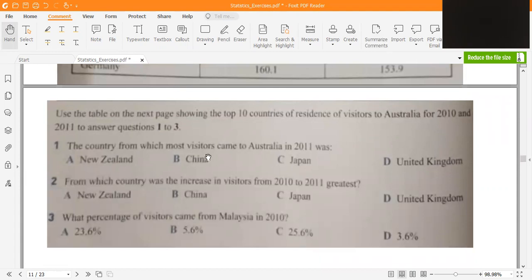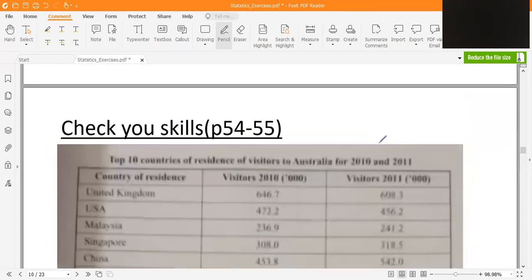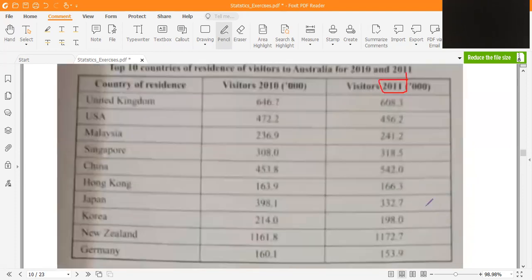The country from which most visitors came to Australia in 2011. First, we should know that we are interested in the third column because we are interested in the number of visitors who came to Australia in 2011. So we go to 2011 here, and we investigate all the numbers.